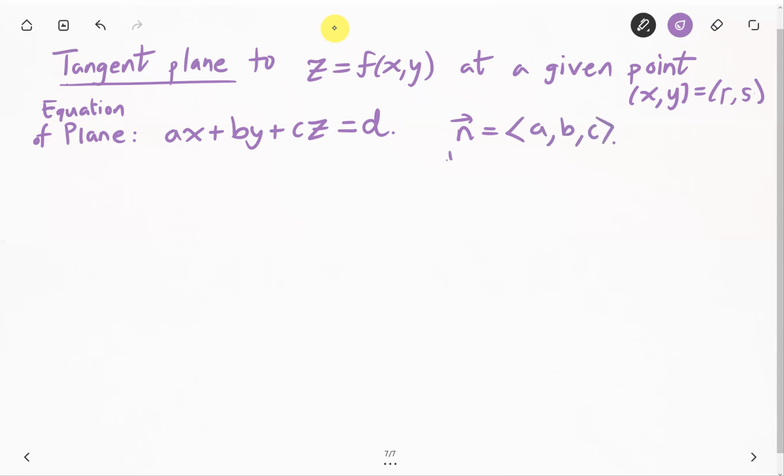This is sometimes called the normal or perpendicular vector to a plane.